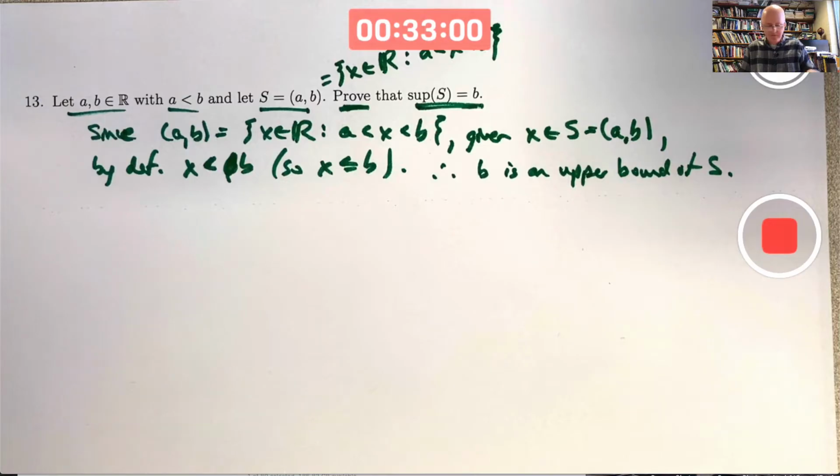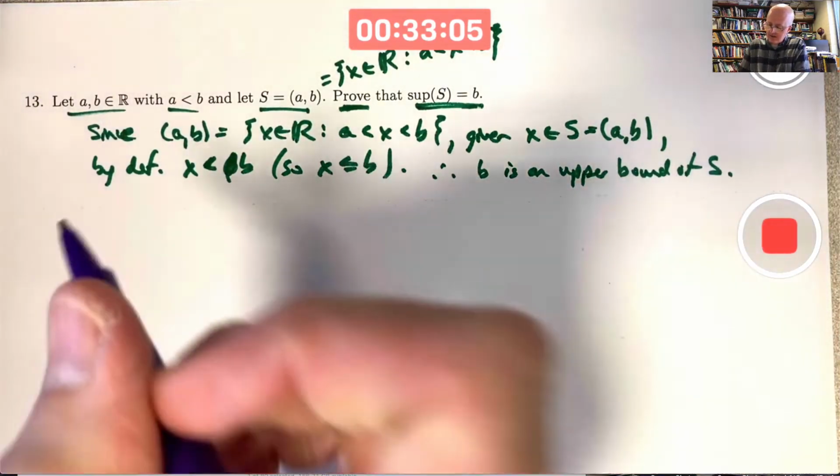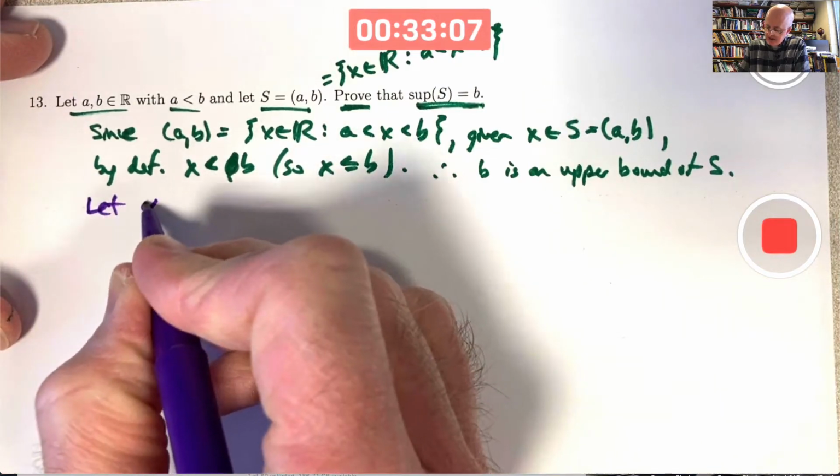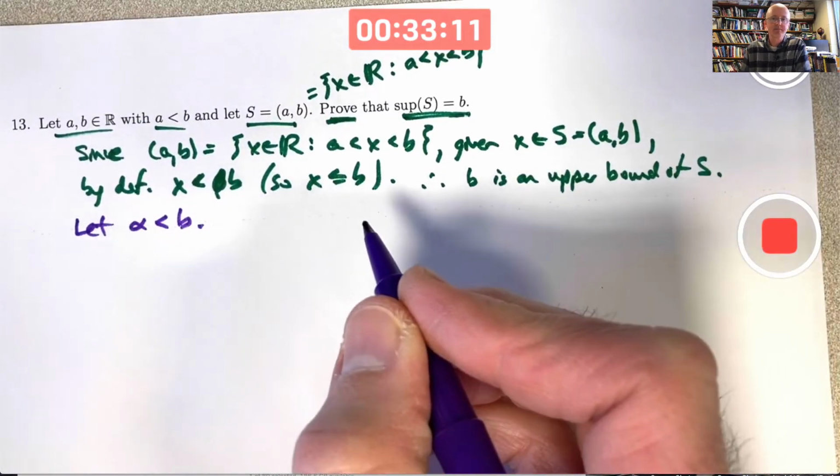What about b being the least upper bound of S? Let alpha be less than b. I need to show alpha is not an upper bound of S, and then I'll be done.